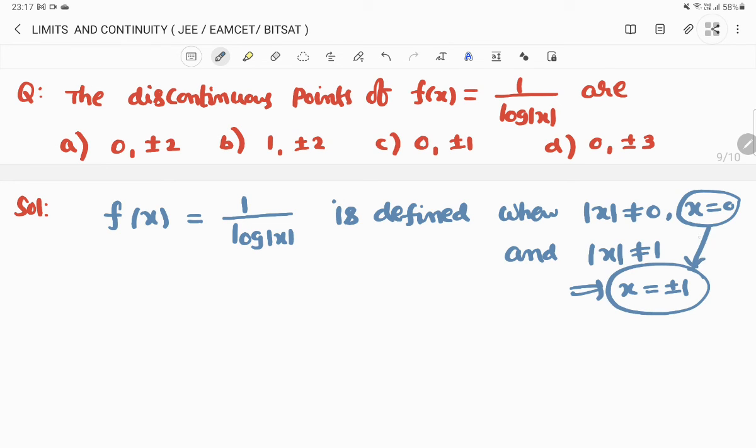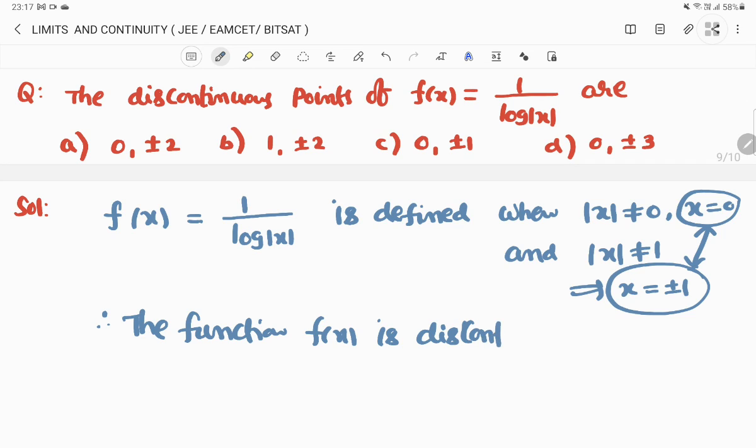Except these points, x equal to 0 and plus or minus 1, the function is continuous. So the function f of x is discontinuous at 0 comma plus or minus 1.